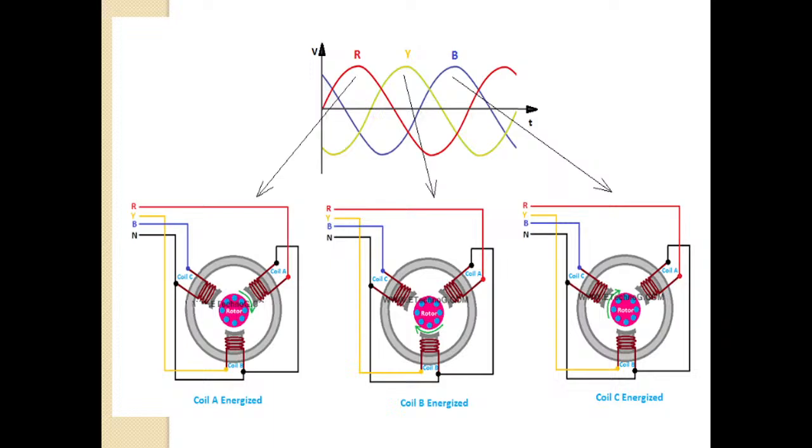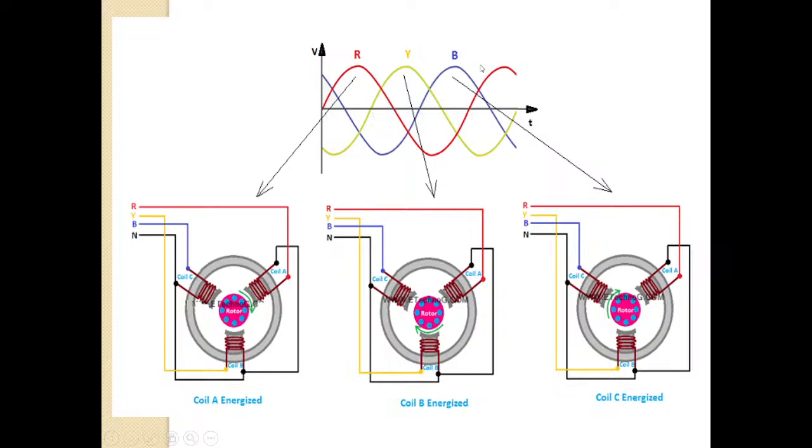We know in our AC supply, the magnitude and the polarity will be continuously changing with respect to time, and the magnitude always reaches the zero value and the peak value, isn't it?